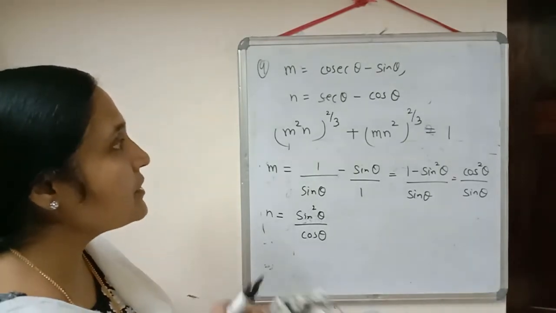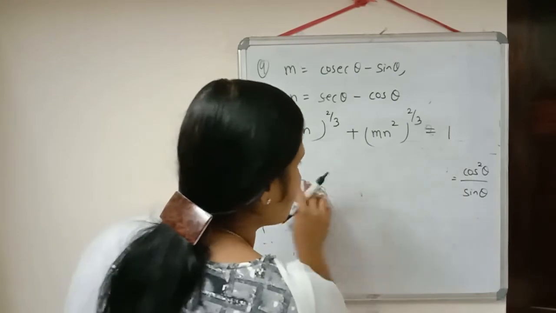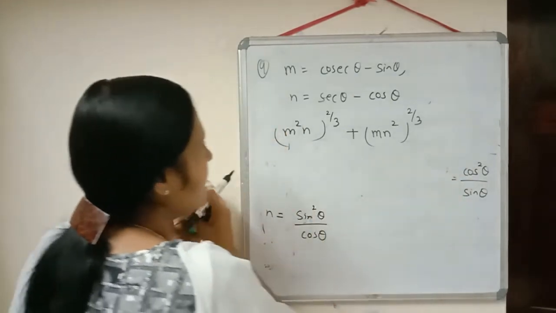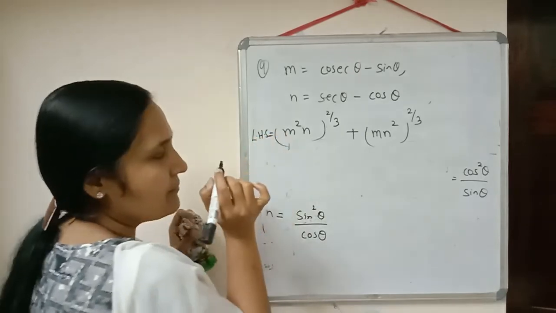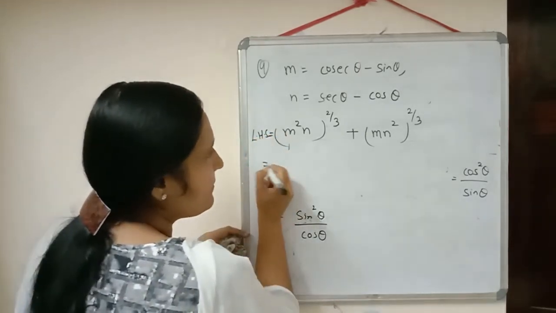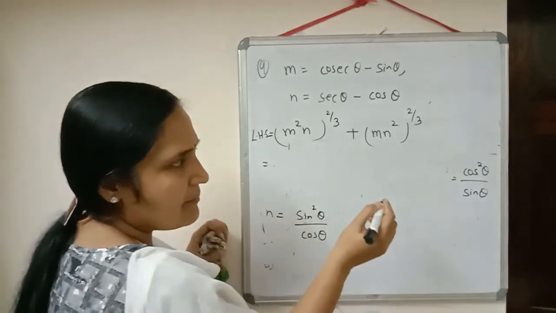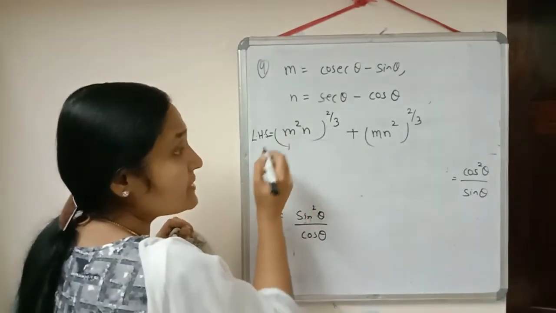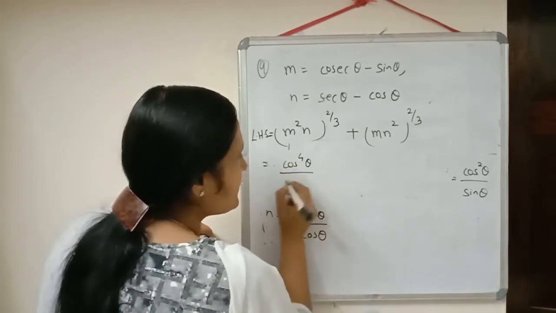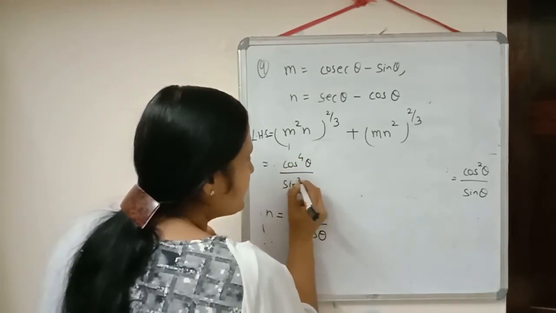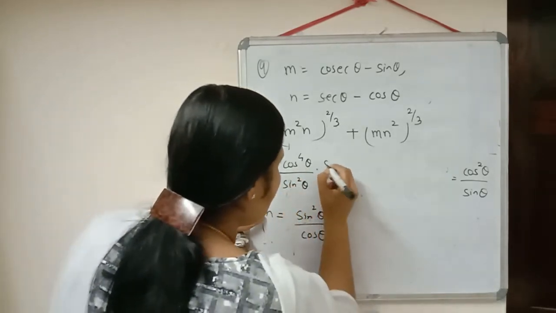Now we will substitute in the left hand side, which we have to prove. So left hand side is equal to, now in place of m, we know the value of m is cos square theta by sin theta, and here m square is there, so it will be cos raised to 4 theta by sin square theta into n. What is the value of n here?